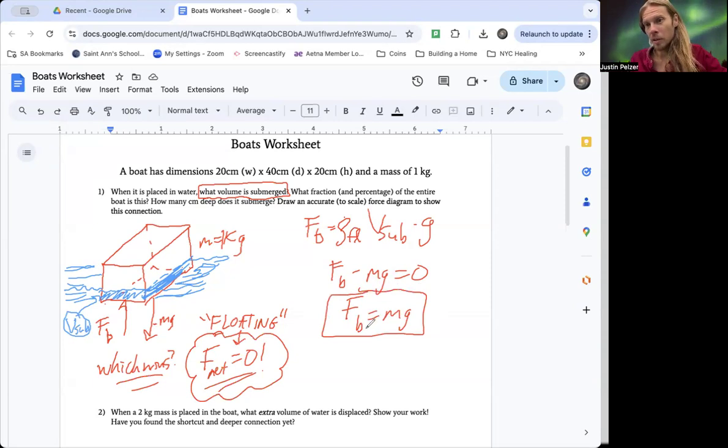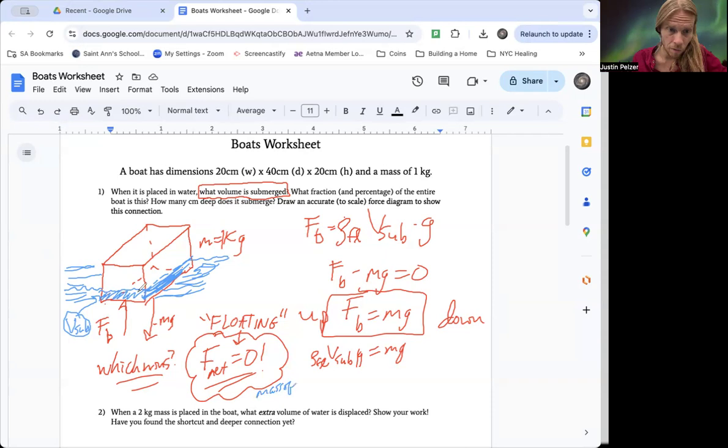FB equals MG. Of course, up equals down. So we have rho fluid V sub g equals mg. This cancels. And we notice we have the mass of the boat equaling the mass of the displaced fluid. If you can figure out that, you're on it. See this volume that's displaced?